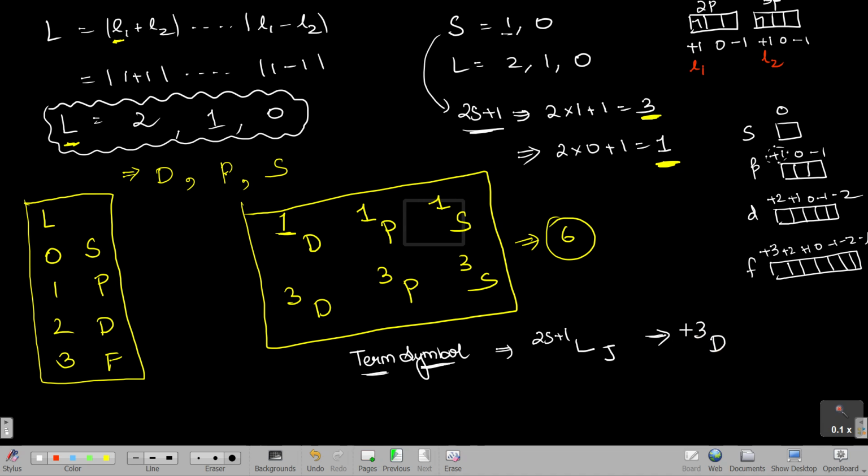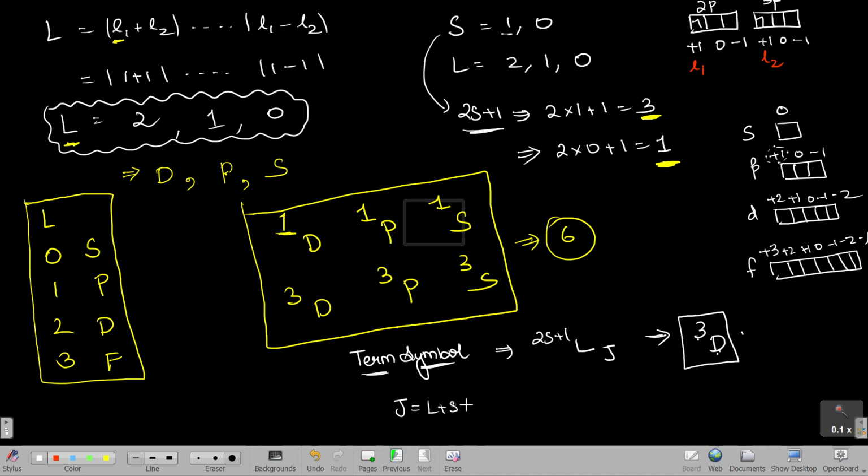For triplet D, if we have to find out the term symbol, triplet D is the atomic term. Now what would be the term symbol for this? Here the atomic term is given, and from here we can find out two things: one is the L value, the other one is the S value. So we need the J value.